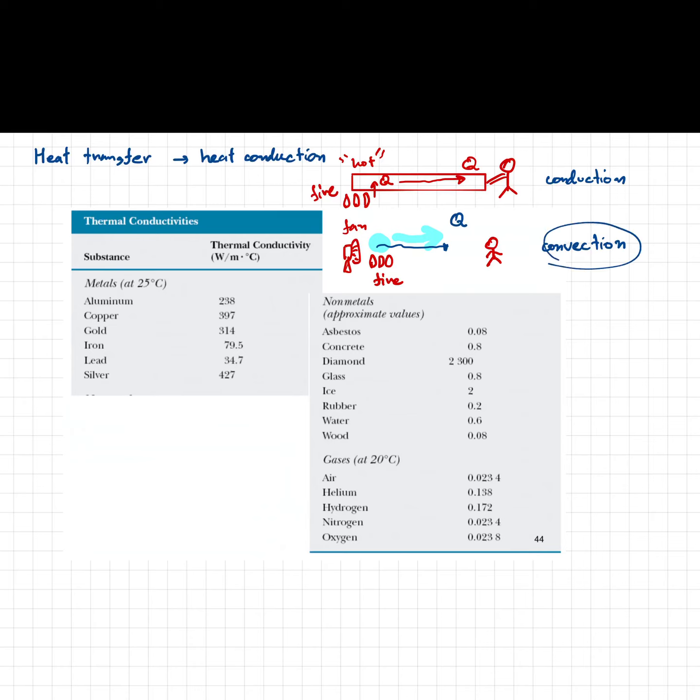Okay, heat convection is pretty hard to calculate because it involves the flow of water, the flow of air, and that's very, very complicated. So that's why normally we don't really talk about it. It's just very hard to say anything quantitatively. So we're gonna talk about conduction pretty exclusively here.